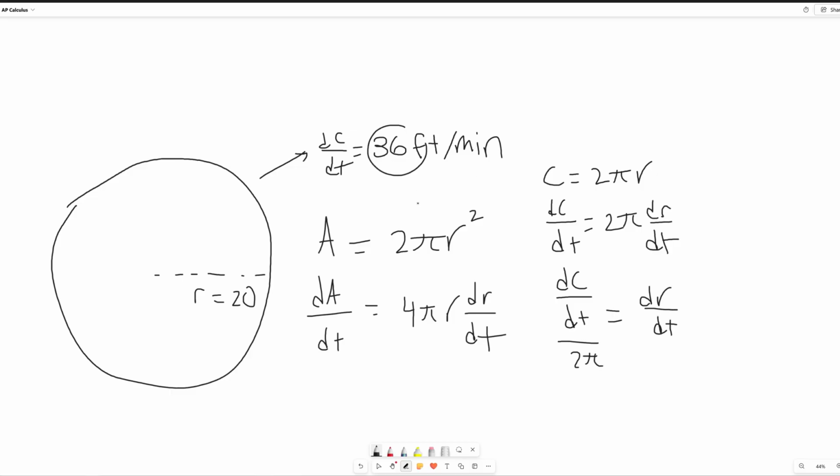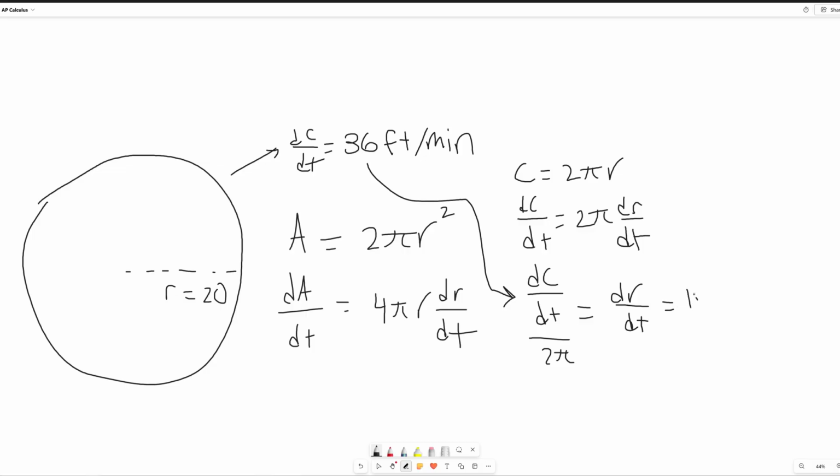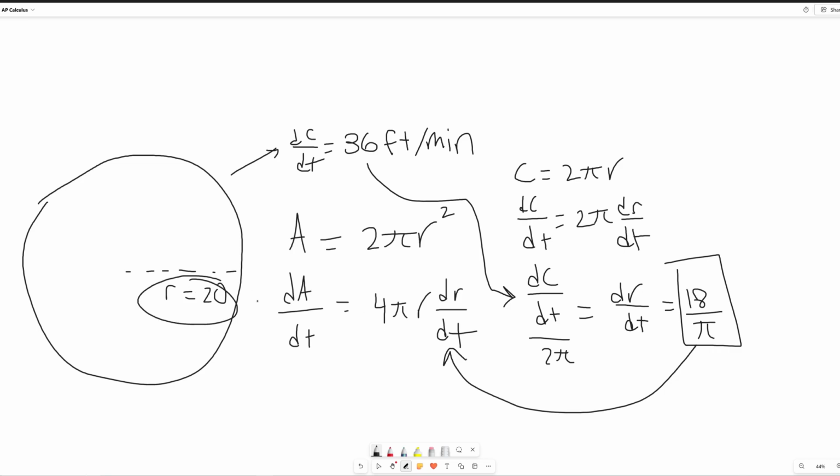And then now we know what dC over dt is. It's 36. You plug this into here, you get 18 over pi, which is the same thing as 36 over 2 pi. And then now you can take this value and plug it into here alongside your radius, and then it will give you your answer.